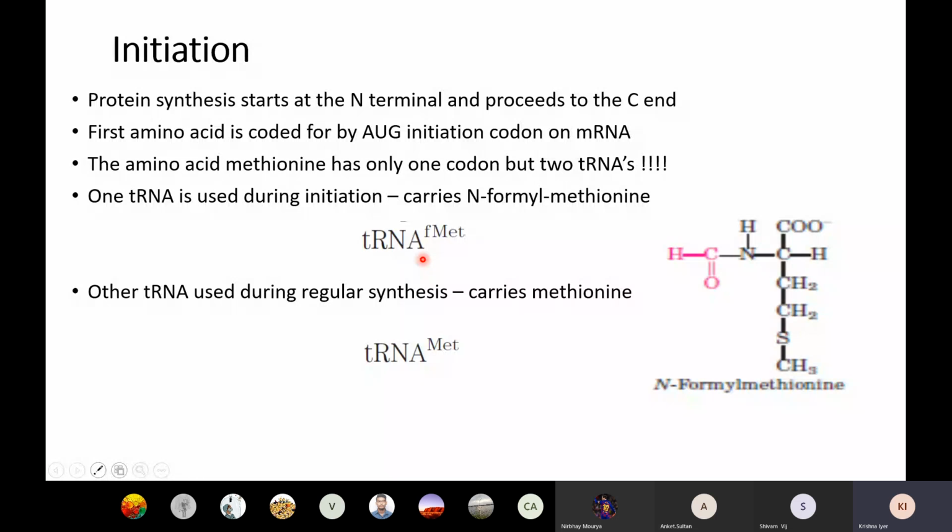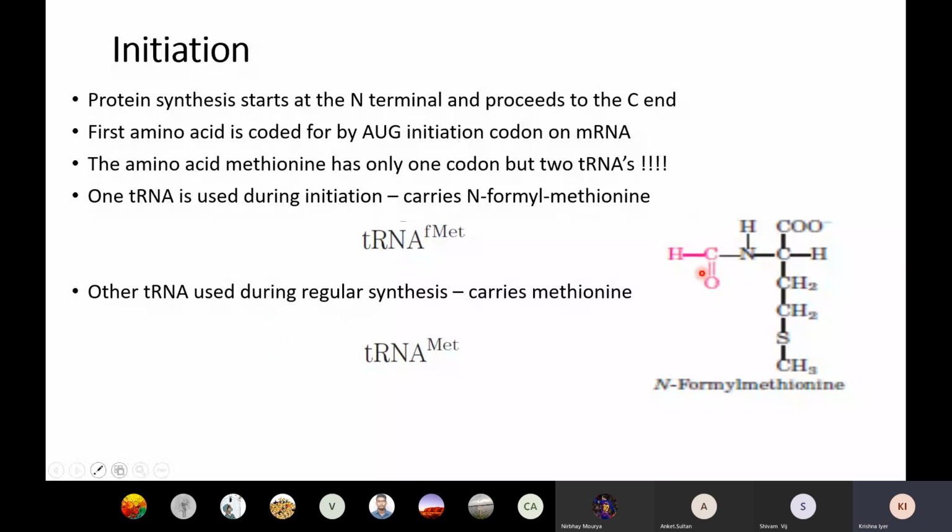Methionine is also carried by another tRNA, which also recognizes AUG, but only when it is present in the middle of the mRNA. And this is the structure of that formyl methionine.